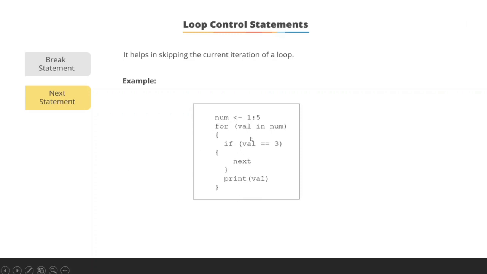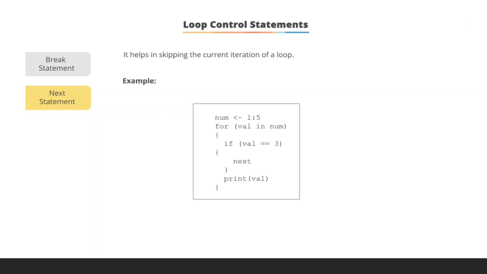When the value is 3, then this condition is true. Then it will go inside the if, where there is a next statement. What the next statement will do is go to the next number in the loop, that is 4. It will skip 3 for printing. It will just go for the next iteration and initiate the loop again. So this is the way we can control the loop in R using the break statement and the next statement.